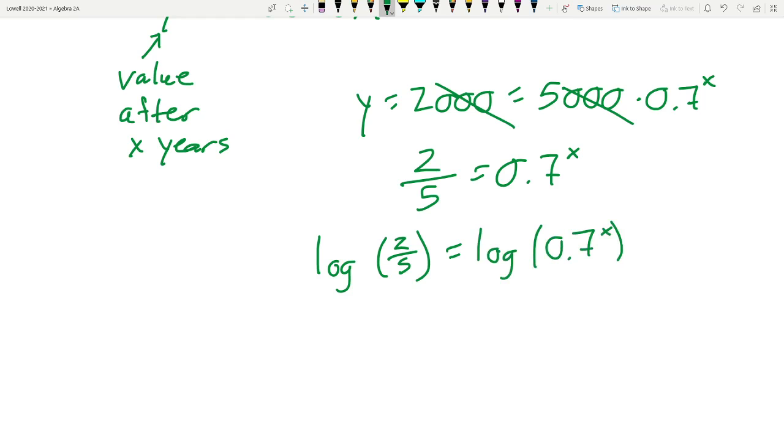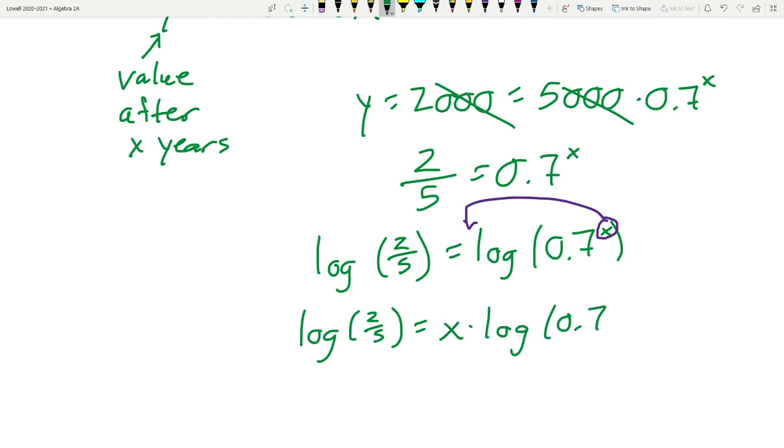Now we go to one of our favorite properties: one of the properties of exponents allows us to take the exponent in the argument and bring it out in front. The new equation is log of 2/5 equals x times log of 0.7. This looks like a big mess, but remember, log base 10 of 0.7 is just some number.